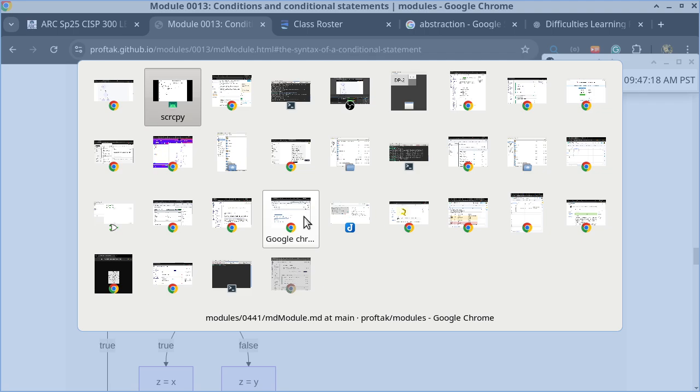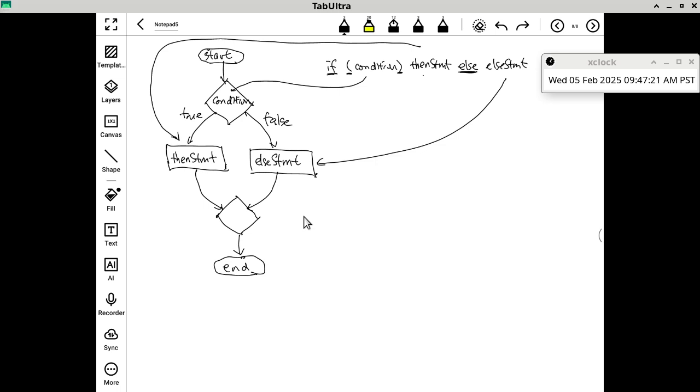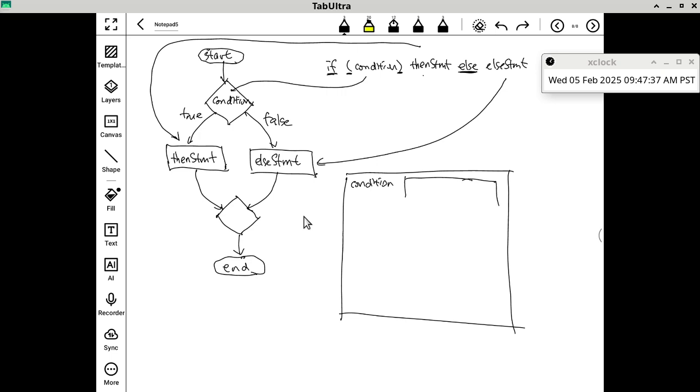Let me use another graphical way to look at this whole thing. Remember the thing about a form? This is a blank form. On the blank form, I'm saying, tell me what the condition is. I leave some blank space for you to write the condition itself. And then I say what to do if the condition is true, and that has its own little space here.